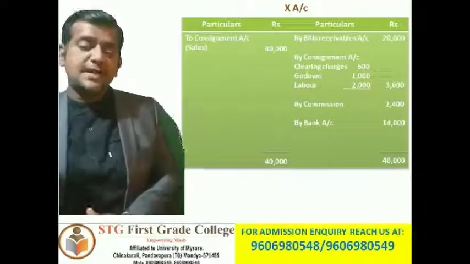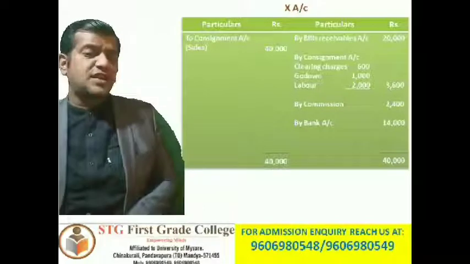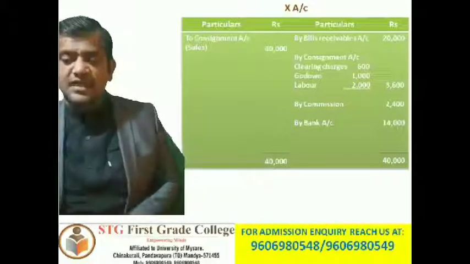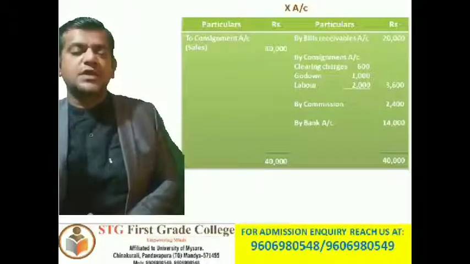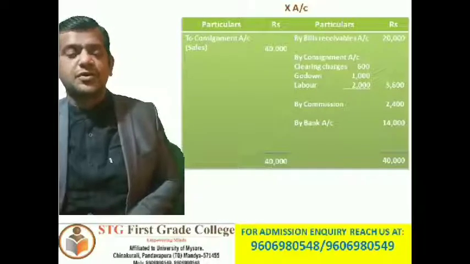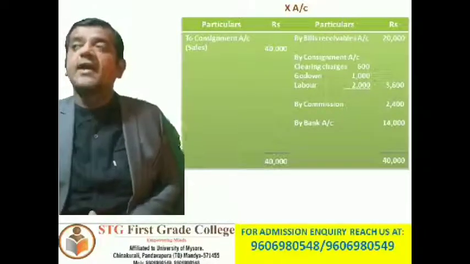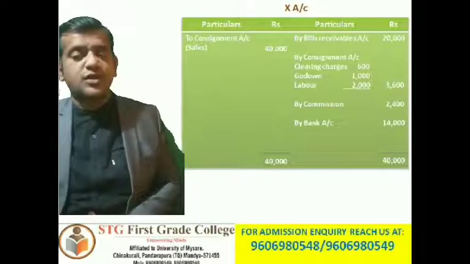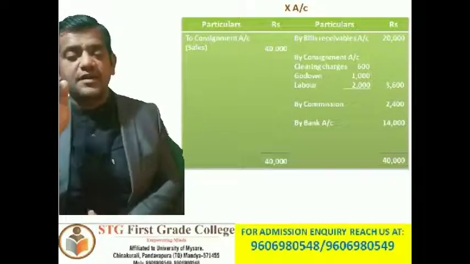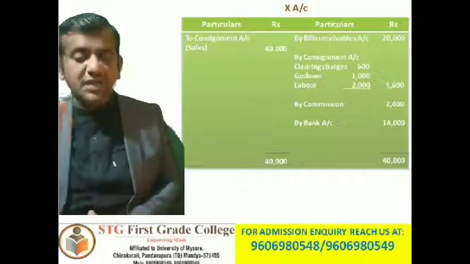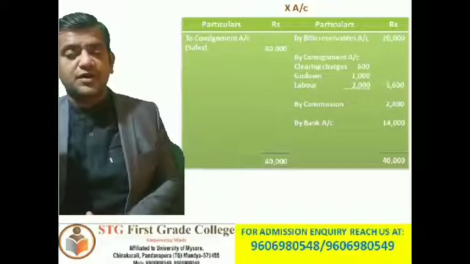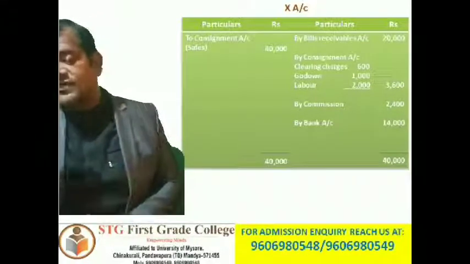By consignment account, all the expenditure incurred by the consignee: clearing charges 600, godown 1,000, labor 2,000, put together 3,600. Next, by commission account, which we have already calculated in the consignment account on the debit side, that is 2,400.